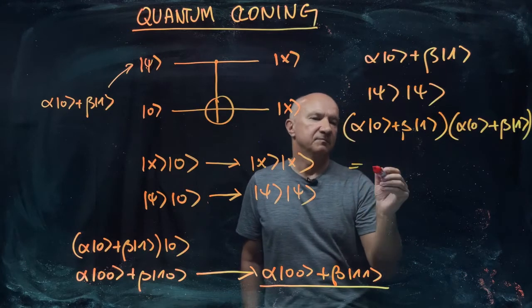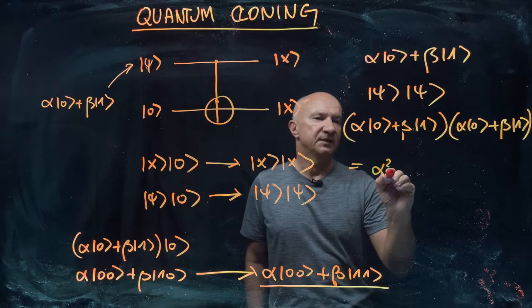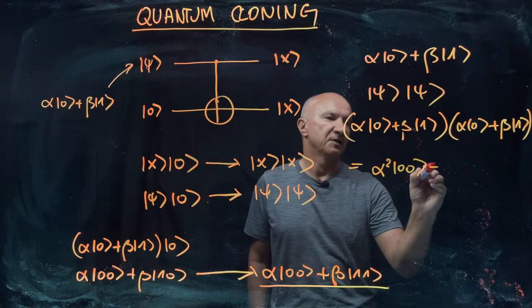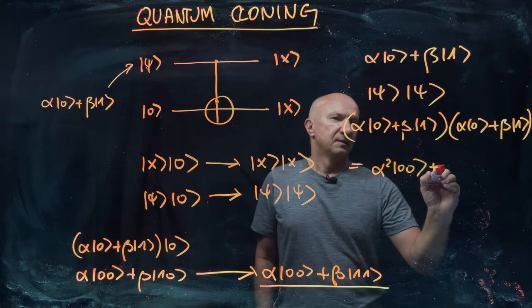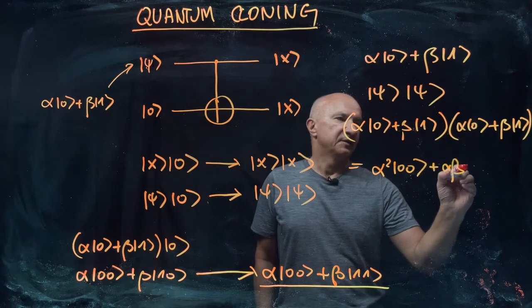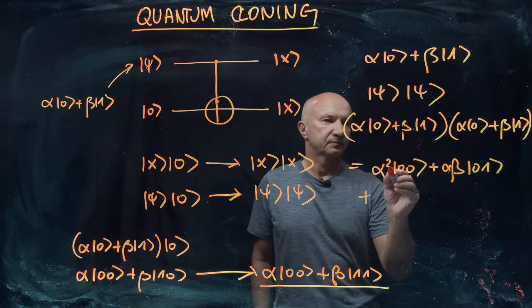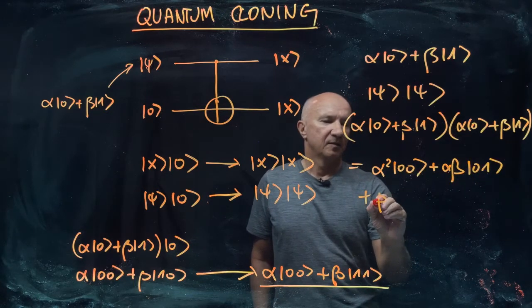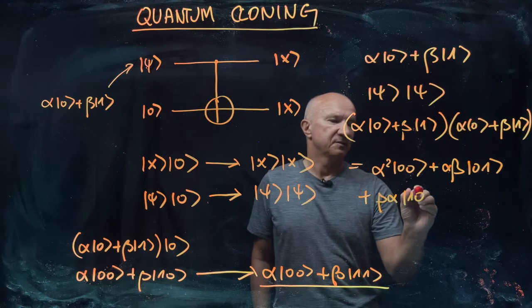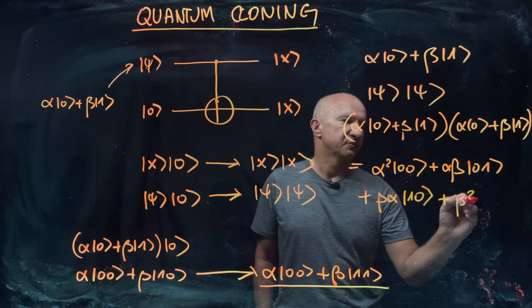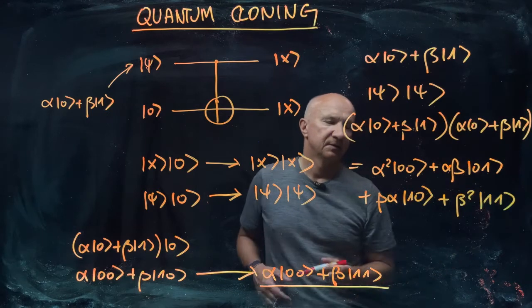So that is a state of the form alpha squared 0 0 plus alpha beta 0 1 plus beta alpha state 1 0 plus beta squared state 1 1.